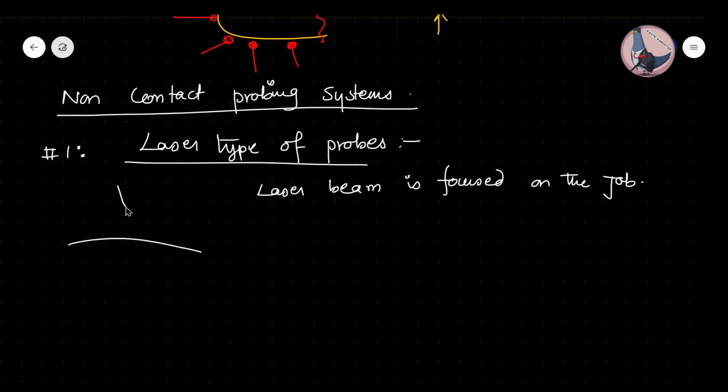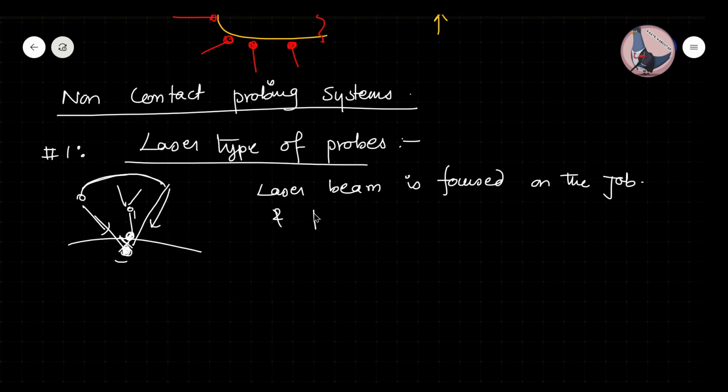Suppose this is the job, we take a laser and focus it here, so there will be some mark, and then this will be triangulated by some other peripheral systems, which will say that okay, here is the laser mark. They will estimate the distance from this, and then the coordinate will be measured. There is no actual contact, because there is no probe, it is only light falling on the surface. So a laser beam is focused on the job, and its position is read by triangulation.